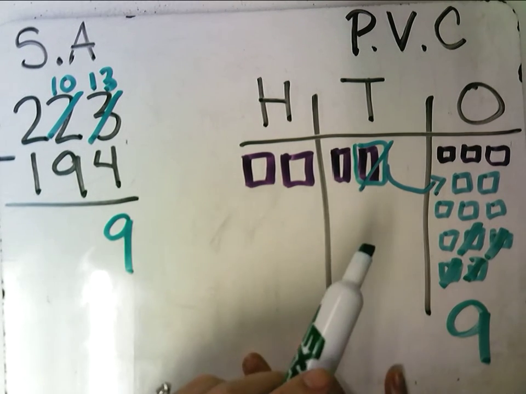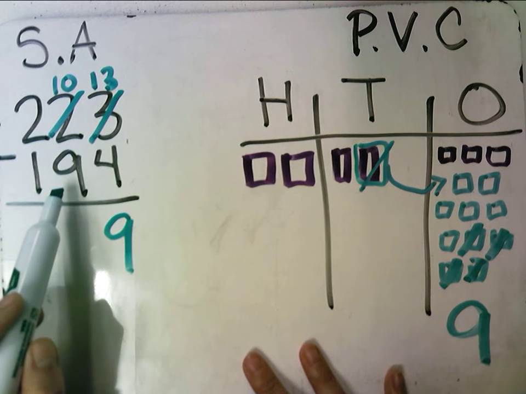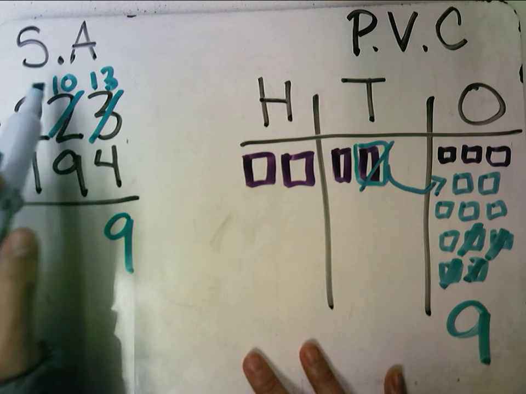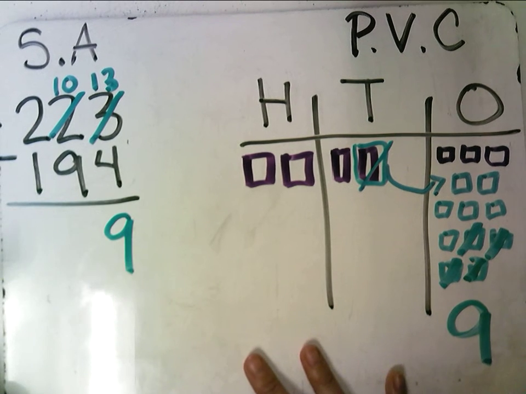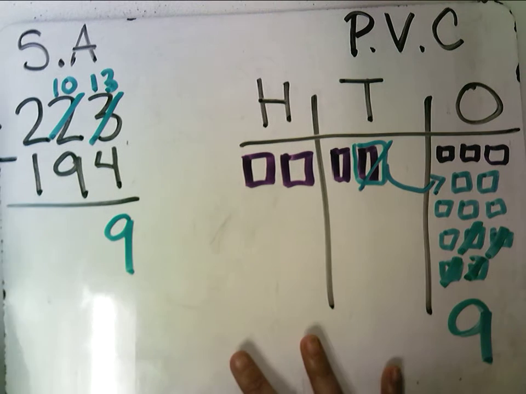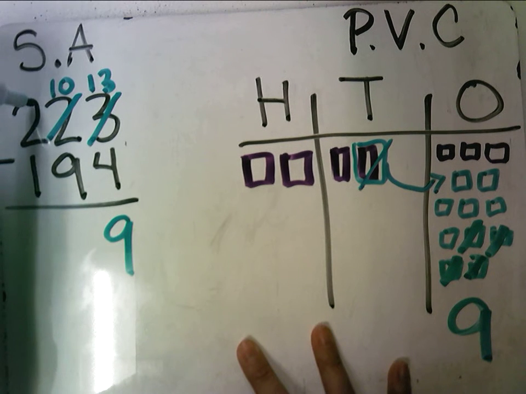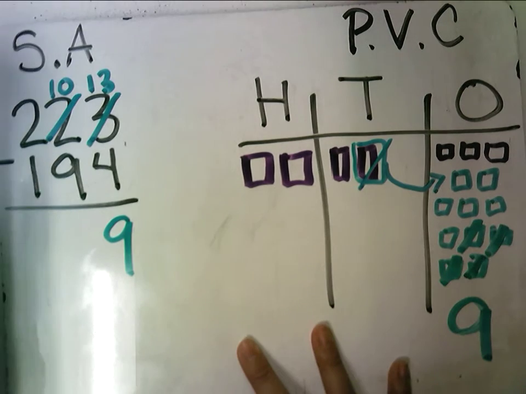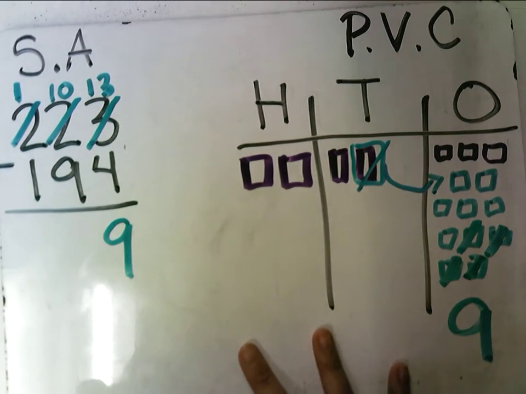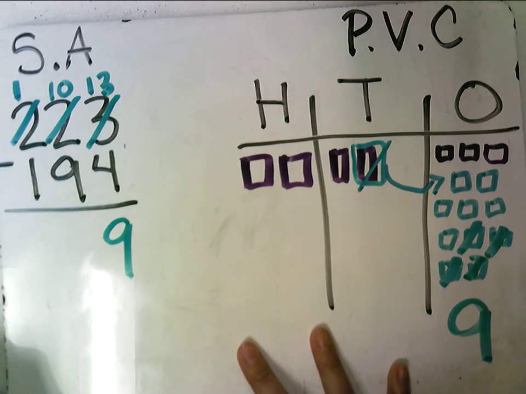Now we have to look, can we take away 9 tens from 1 ten? We can't. So now we have to borrow 1 hundred from our 2 over here. So I'm taking this away. We only have 1 hundred left.